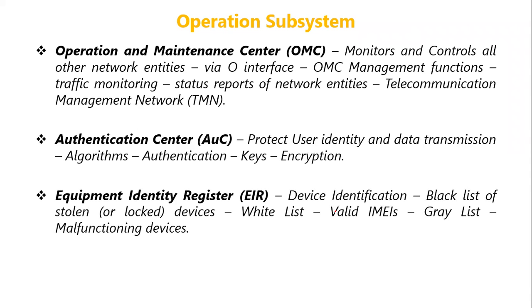Basically, the EIR, or Equipment Identity Register, is a database of all IMEIs. IMEI refers to the mobile device, that is, International Mobile Equipment Identity. So it is basically a database of all mobile devices. It stores all device identification details.